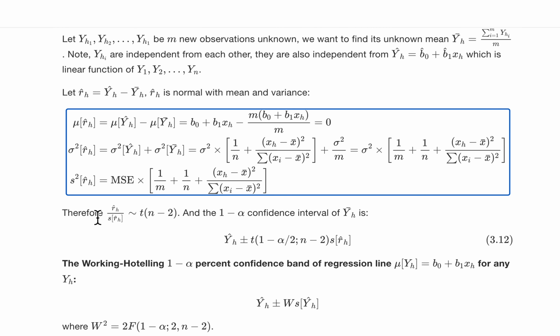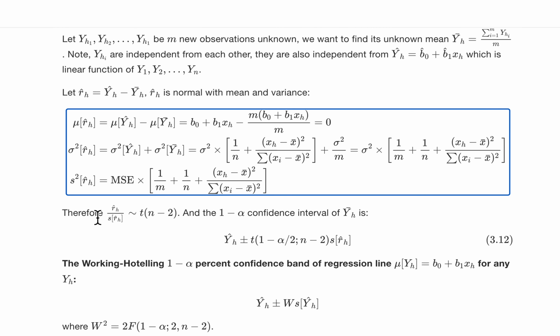So let's look at the expected value of MSR. If we simplify that, it actually becomes b1 hat squared times the sum of xi minus x bar squared.